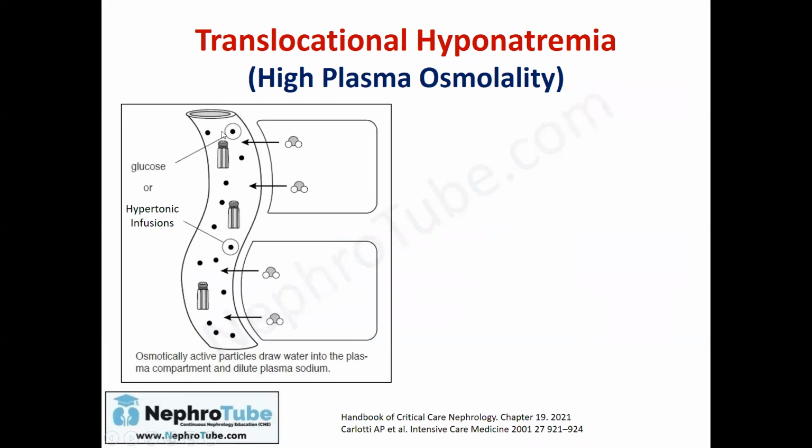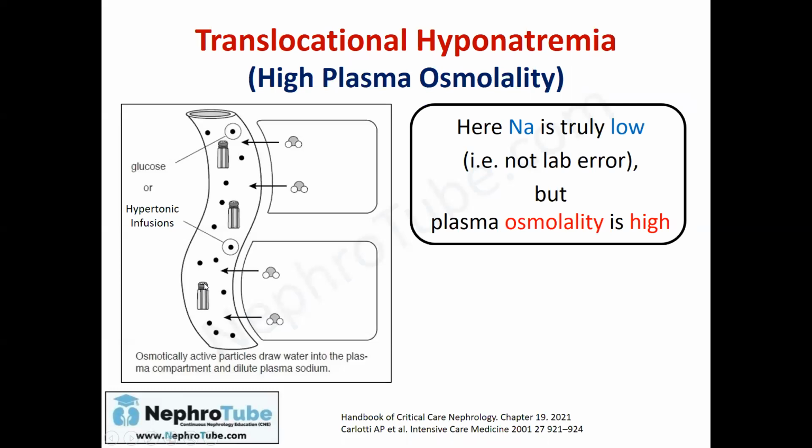Glucose or any hypertonic infusion will increase the osmolality of the blood and will draw water by osmosis from the cells into the blood volume. This will cause expansion of the water content of the extracellular space in the plasma, and will cause dilution of sodium and hyponatremia.